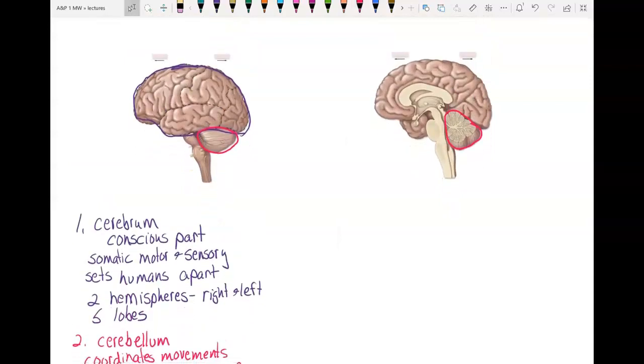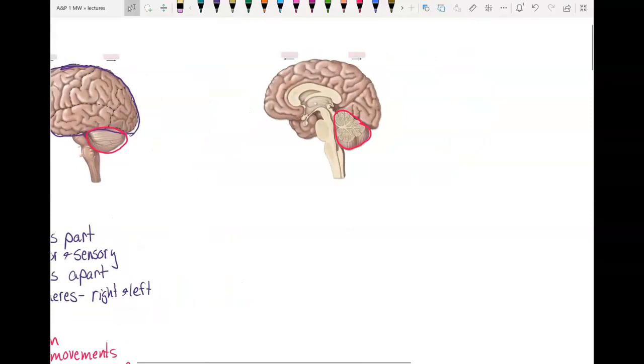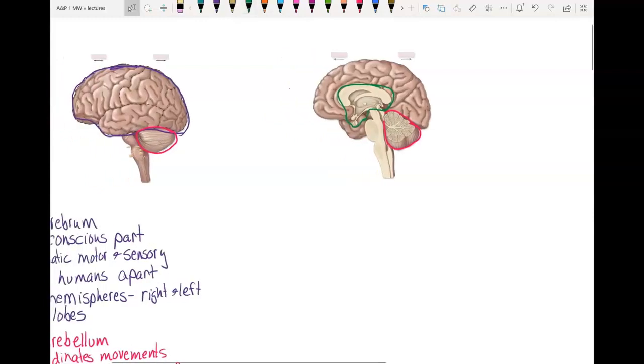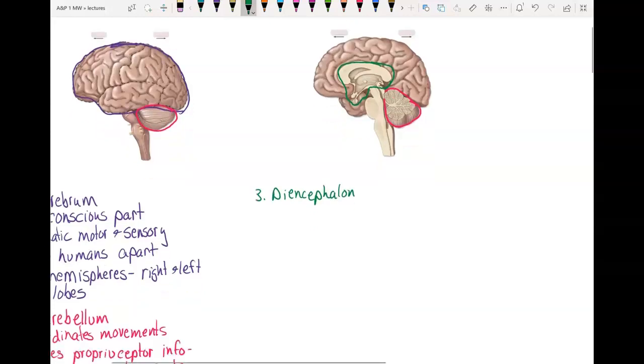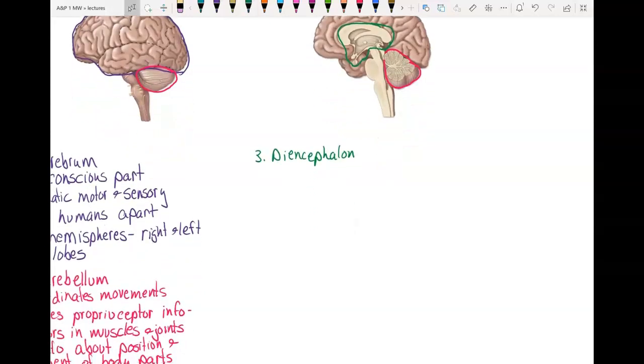The next part we're going to look at is the diencephalon, and that is inside. So this area that you can only see in cross section is the diencephalon. And the diencephalon, we're going to look at 3 main parts of it.